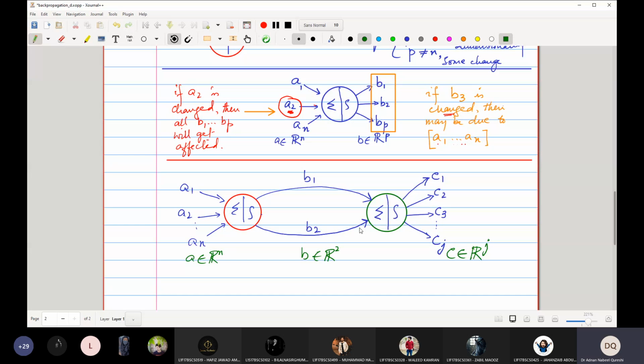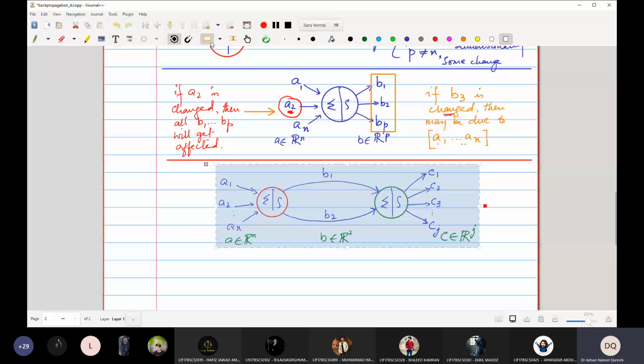Now, you know it very well from your commendable knowledge of calculus that when we have this kind of situation, it is a sequential arrangement. What is the meaning of the word sequential? One after another, one after another, layer by layer. Very good. And its synonym is chain.